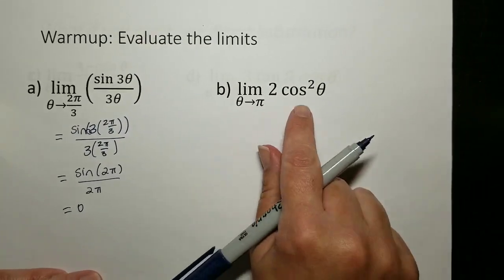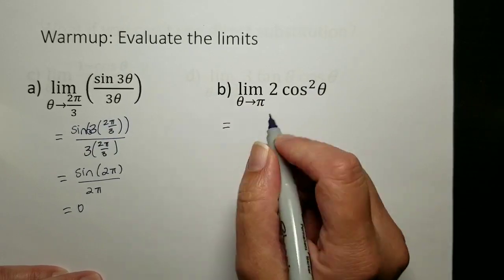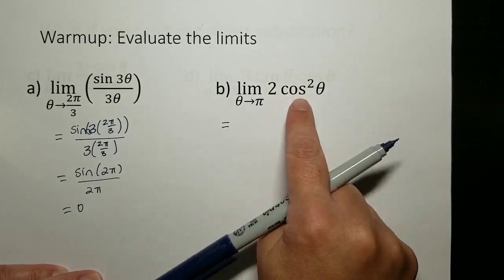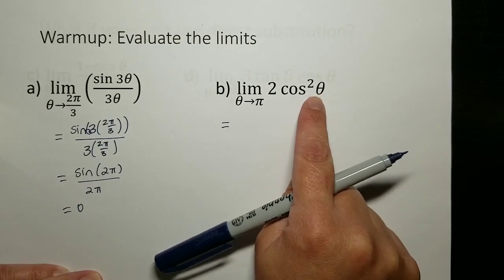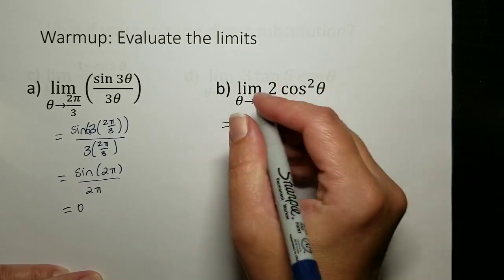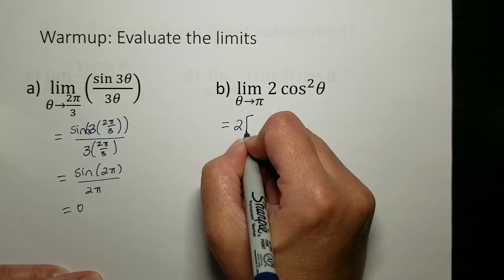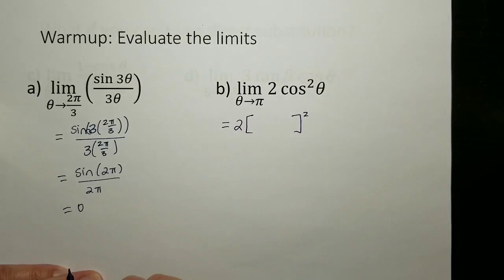Similarly, as theta approaches pi, nothing bad is going to happen if I plug in pi for my theta here. I get cos squared of pi, so this will be 2. I'm just going to pull out that cos squared and make it like that.